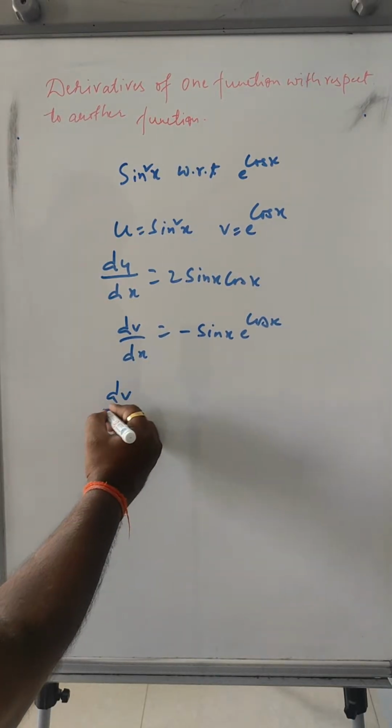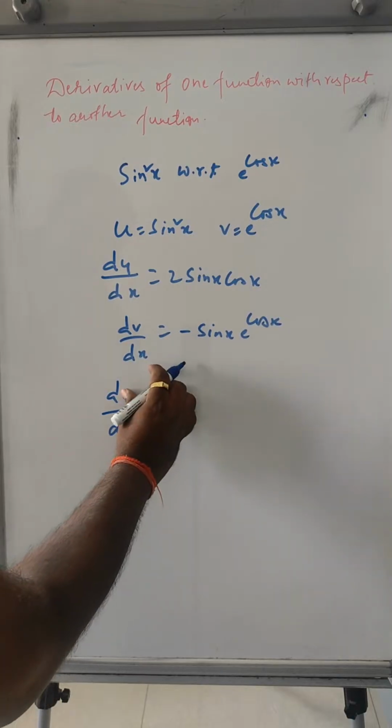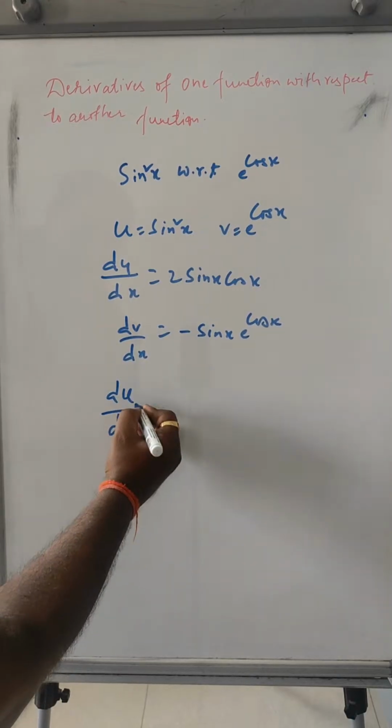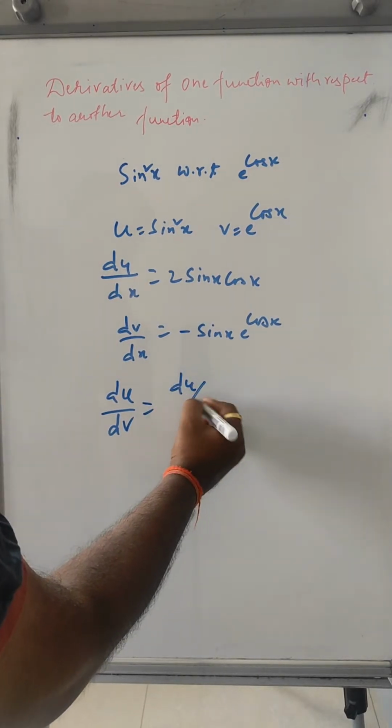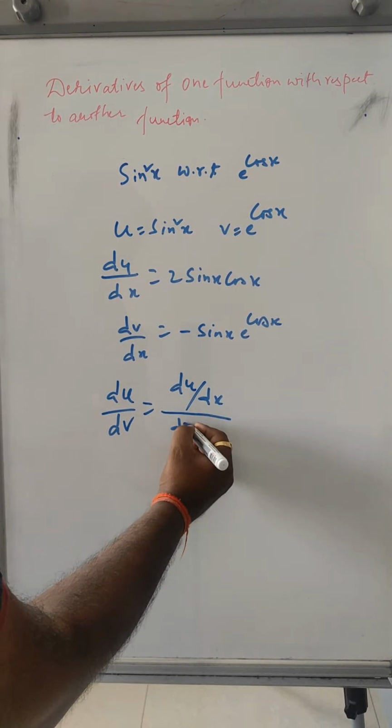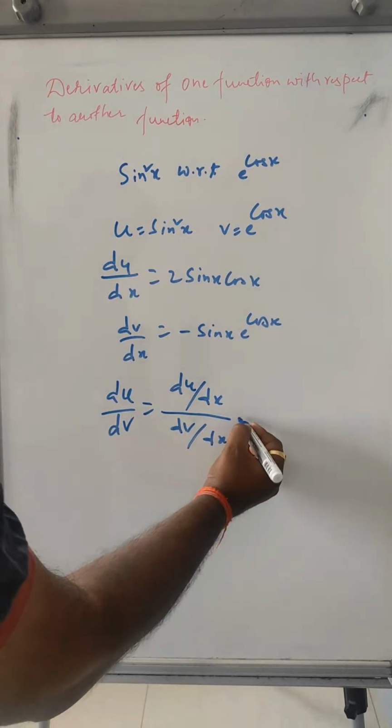Now du by dv is nothing but du divided by dx and here dv divided by dx, correct?